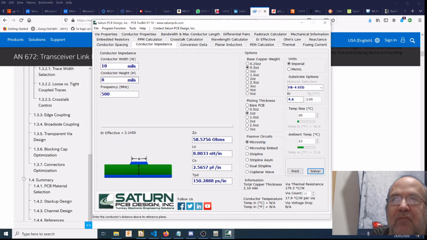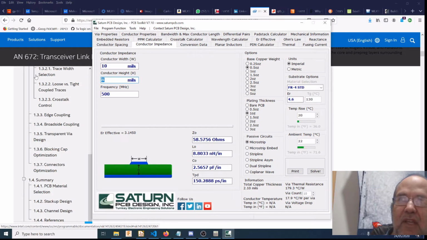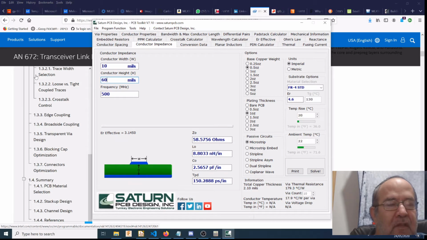I'm now going to change from 8 mils to 60 mils. Why have I changed from 8 mils to 60 mils? 60 mils is 1.6 millimeters. I change between mils and millimeters depending on what I'm doing, but for this I'm using mils, imperial, thousandths of an inch.